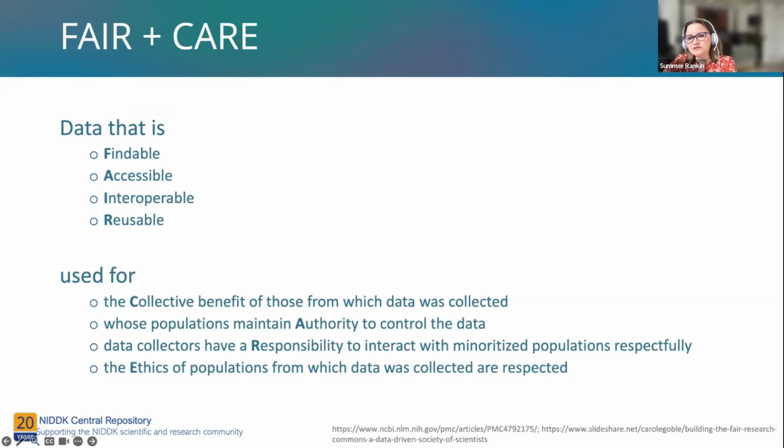The data also needs to be for the collective benefit of those from which the data was collected. And those populations maintain the authority to control the data. These data collectors have a responsibility to interact with minority populations respectfully, and the ethics of populations from which the data was collected are always being respected.